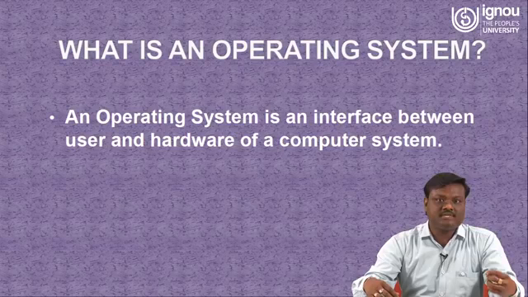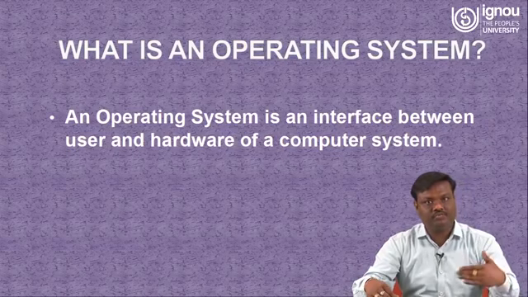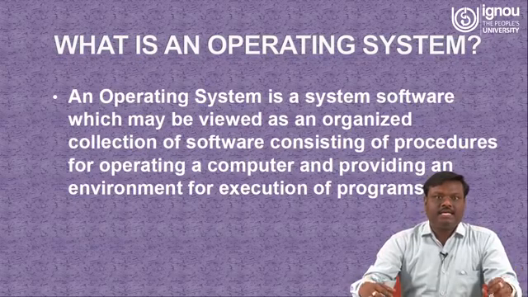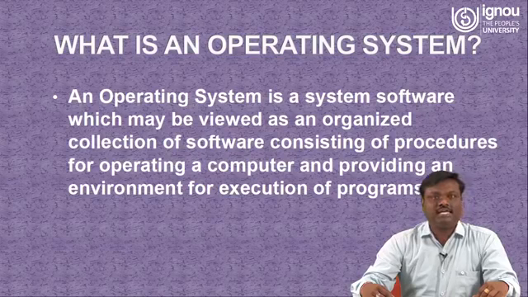An operating system is an interface, a bridge between the user and the actual hardware of the system. It is system software which may be viewed as an organized collection of software consisting of procedures for operating a computer and providing an environment for execution of the programs.